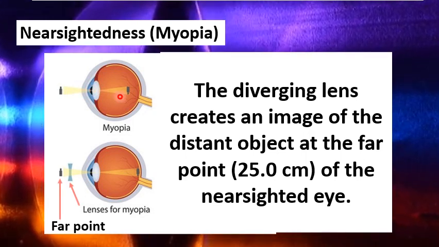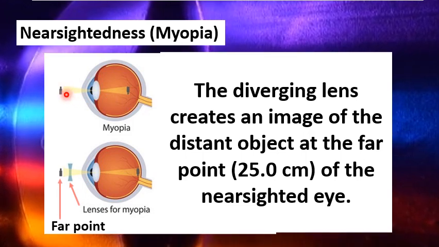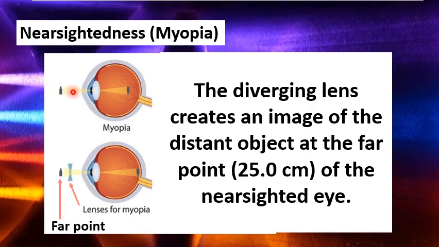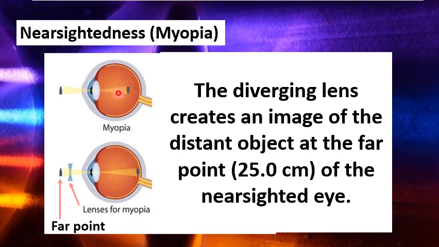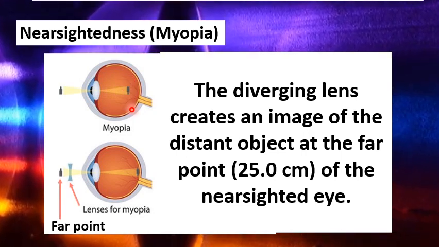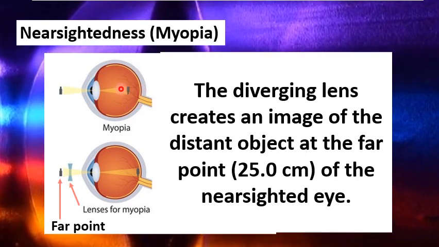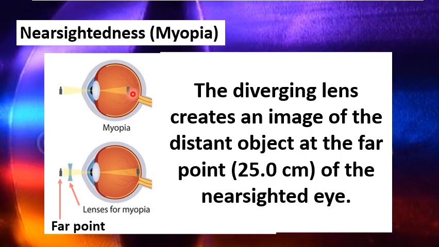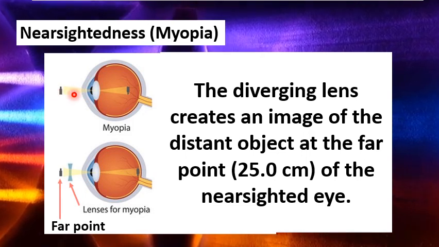It is because the rays of these distant objects, when refracted by the human eye, are focused in front of the retina instead of exactly on the retina. That explains why a myopic eye can only see blurred images of such distant objects.